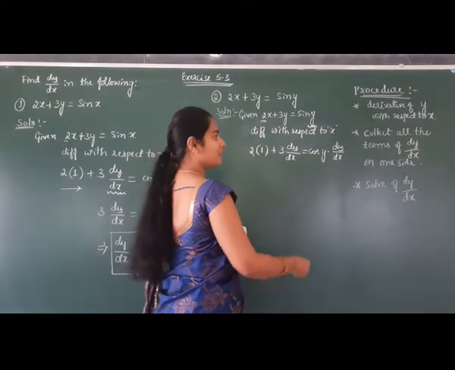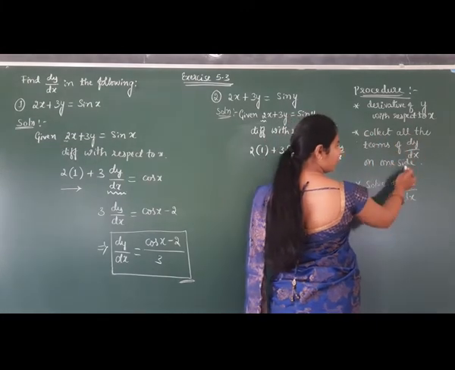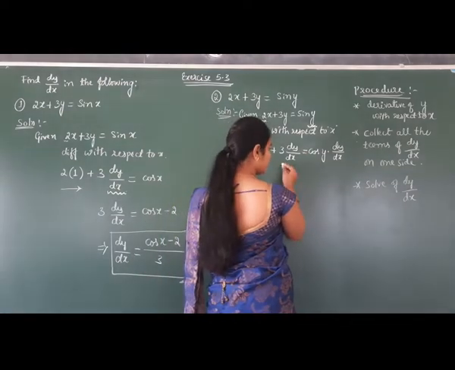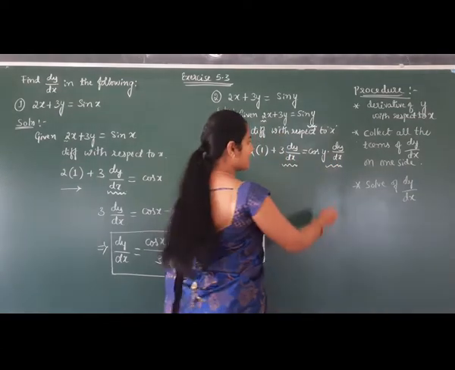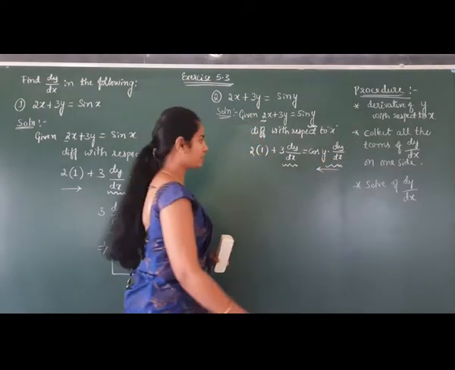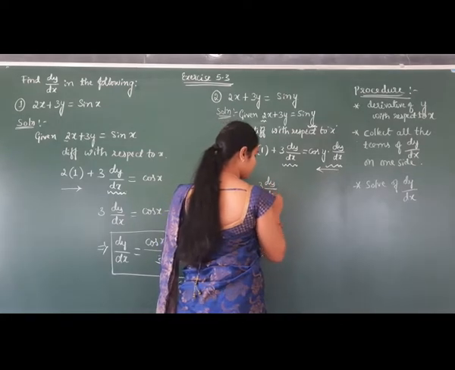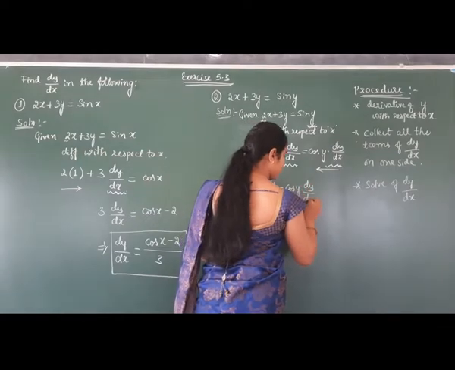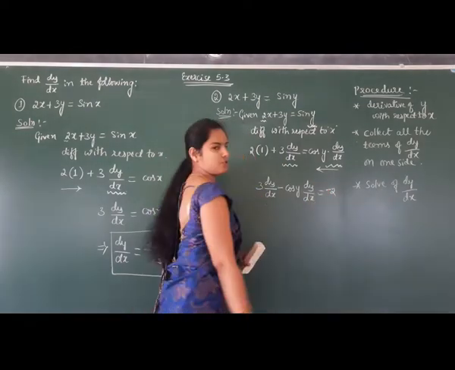Now I am going to the second step, that is collect all the terms of dy by dx on one side, equal to minus 2.